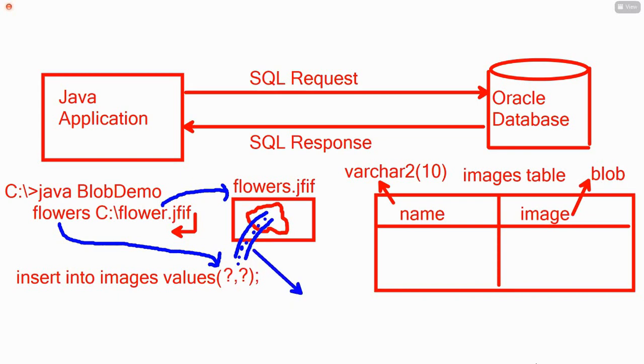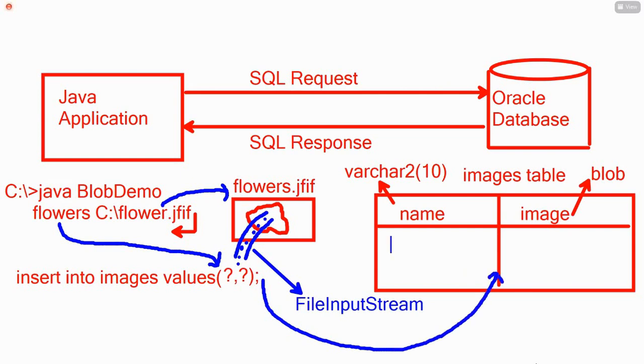That is the stream we have to create, and the stream data we have to pass. Then what will happen? This is executed, then here what will be stored? Flowers. Here what will be stored? Image. So this is our task.